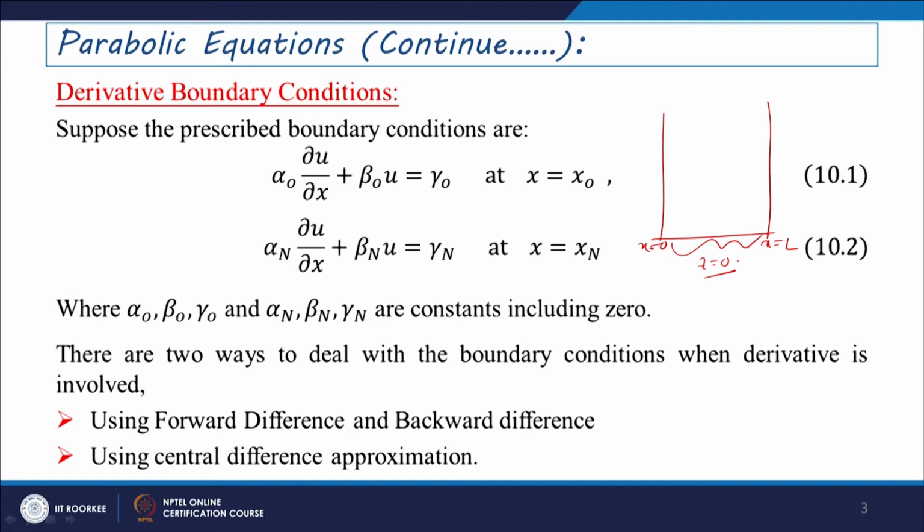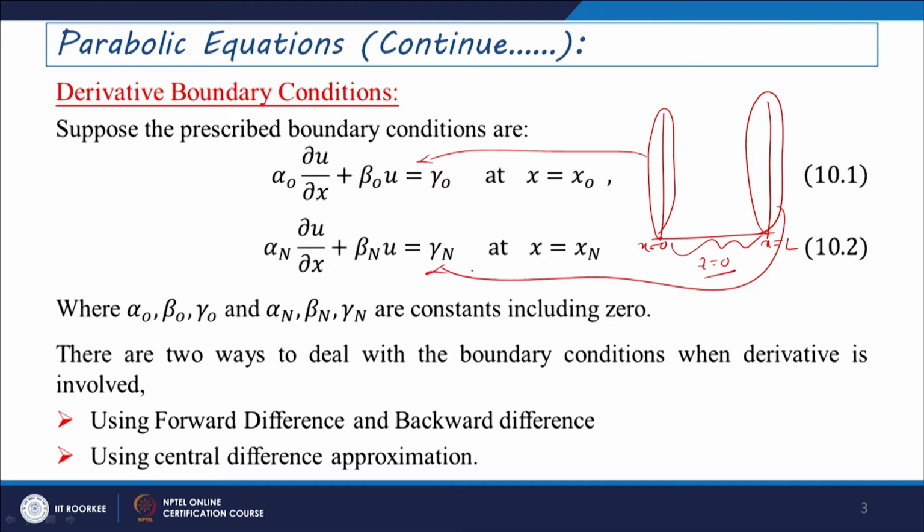And if at x equals 0 the mixed derivative condition is represented as alpha 0 del u by del x plus beta 0 u equals gamma 0, along the last boundary the condition is also given as alpha n del u by del x plus beta n u equals gamma n at x equals x n, since our domain starts from x equals x 0 to x equals x n.